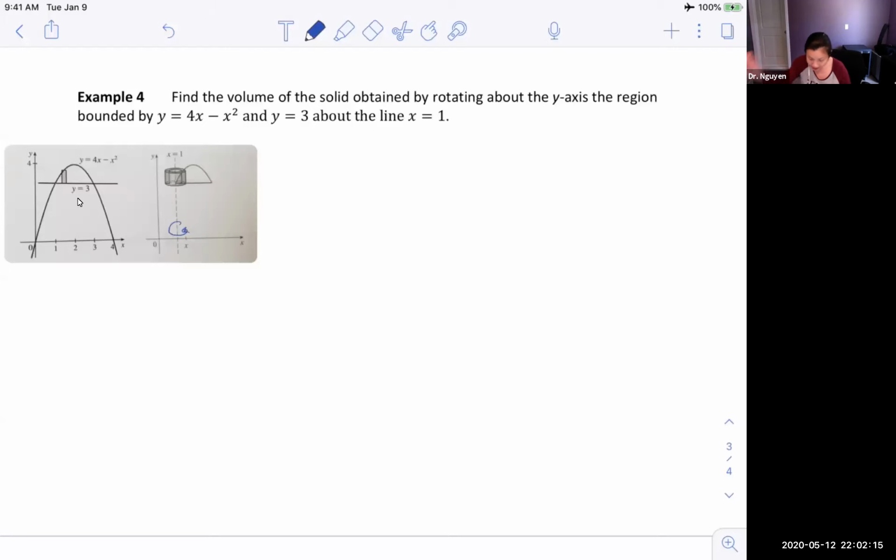So let's take a look at the radius of the shell. If you take a look at this piece right here, we go from x equals 1 here, and then we go this far. So that would be the radius.